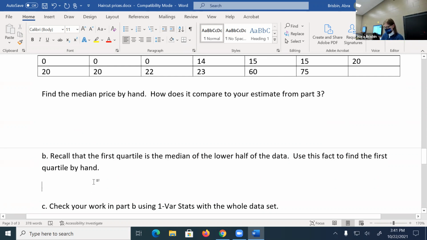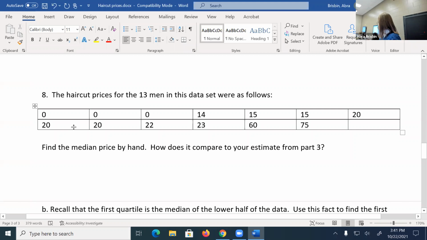So for 8B, so for part A, finding the median price, if you do the trick that you might have learned in your high school statistics class of counting off one from the bottom and one from the top, and then the second one from the bottom and the second one from the top, and sort of work your way into the middle, we end up with this 20 as the middle value. So that's our median.